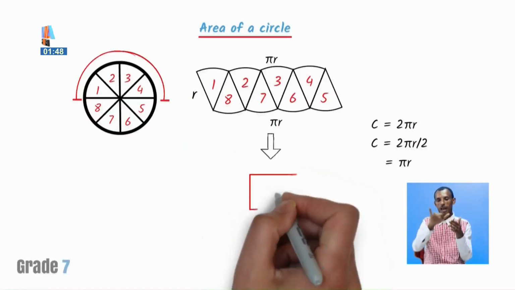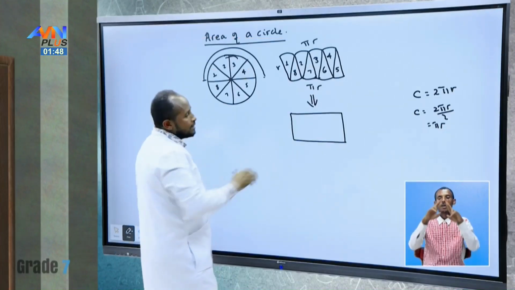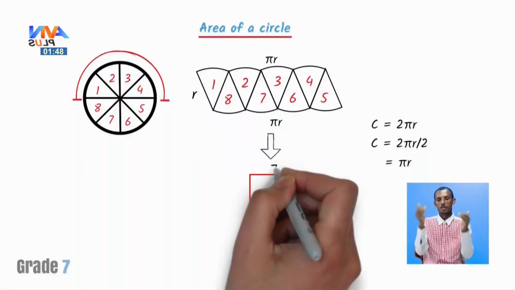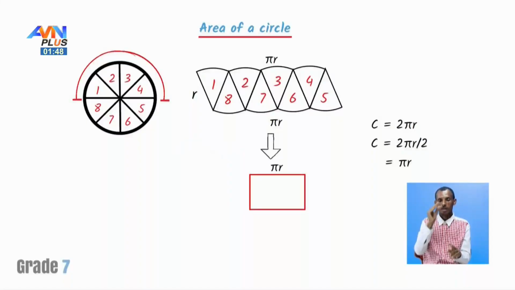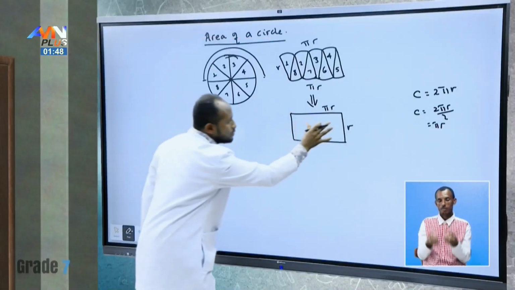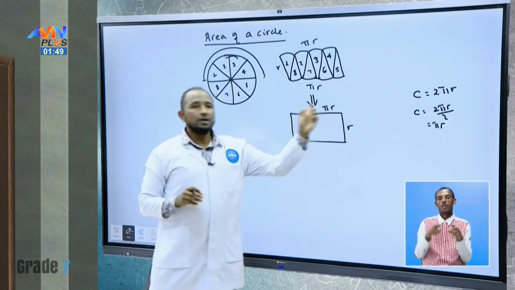If you divide it into so many parts, you will have a rectangle whose length is pi r and whose width is the radius. So the circle, by dividing into so many pieces, will be converted into a rectangle of length pi r, width radius.